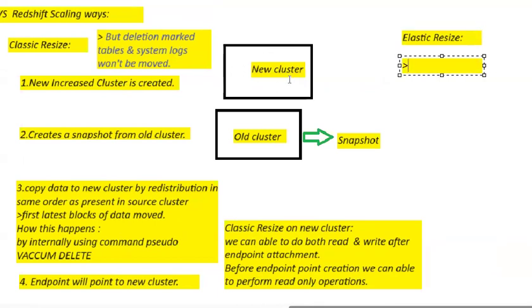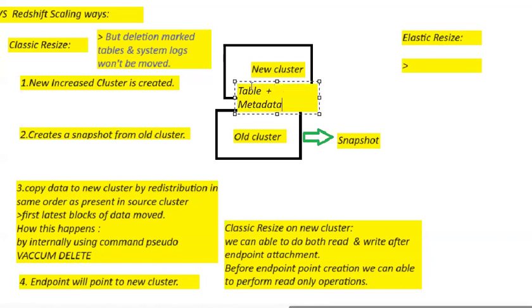Table data and metadata only. These are the two things moved from your old cluster to the new cluster. The other things, deletion marked tables and system logs tables, won't be moved.